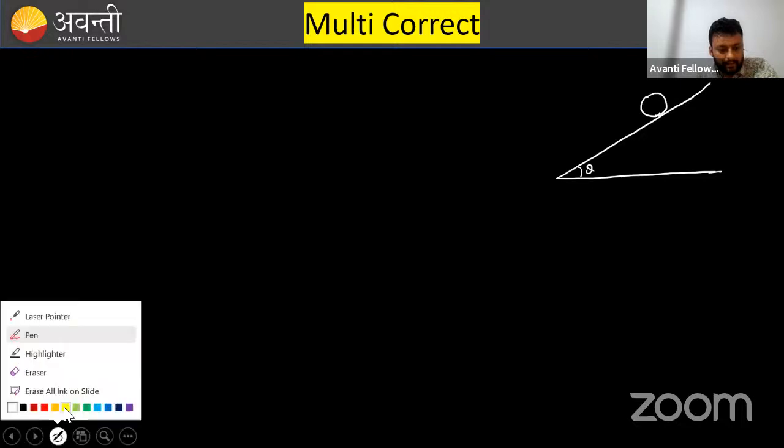Now I have to draw the diagram again actually. This is again our rod. All the forces you can say are the same.